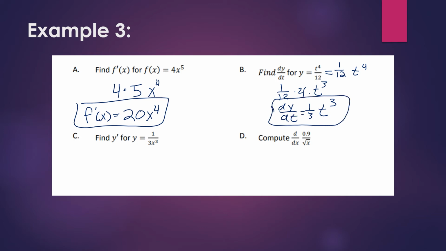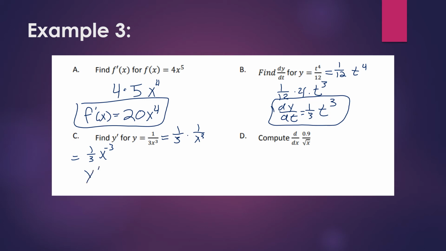For C, it's going to be a similar process. The first thing I'm going to do is pull out a 1/3. So I'll get 1/3 times 1 over x cubed. Well, that's the same as 1/3 x to the -3. That's an exponent property. But now I have the ability to take the derivative using the power rule.